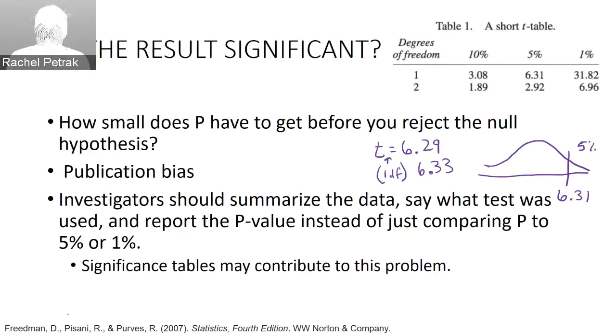No, it doesn't really indicate a dramatic difference between the groups, because this line was just an arbitrary significance level. And the reason that these tables have come about, these significance tables, is that they're quite outdated at this point in time.